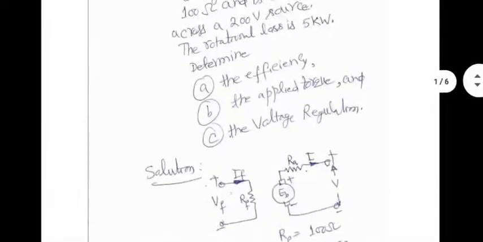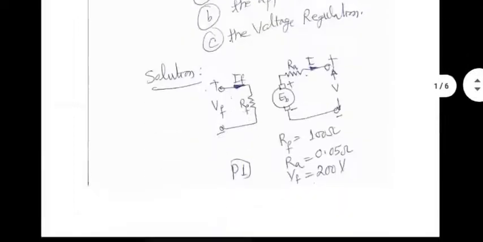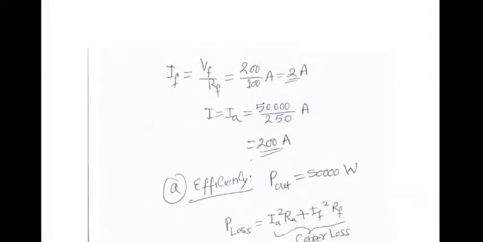IF, I've already told you, will be 2 amperes. And by the way, the load current, which is also equal to armature current in this case, because field current is totally independent, will be 50,000 divided by 250 amperes, which works out to 200 amperes.